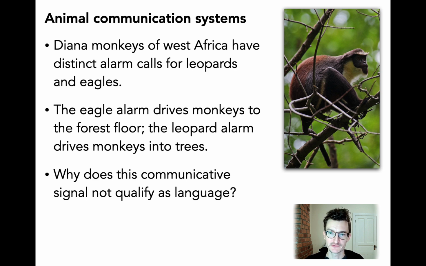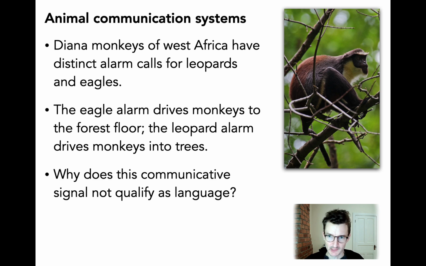Attempts have been made to study this, but it's unclear. What could be happening here is that the animals are simply responding in a conditioned way, right? You hear a particular noise, and you've just learned that means run down the tree or run up the tree. It doesn't actually bring to mind the thing that the call is meant to refer to.